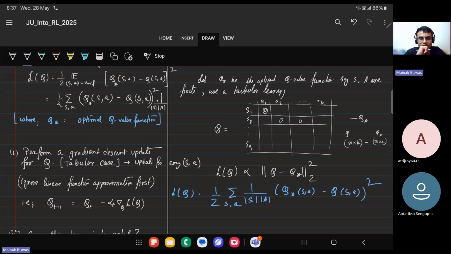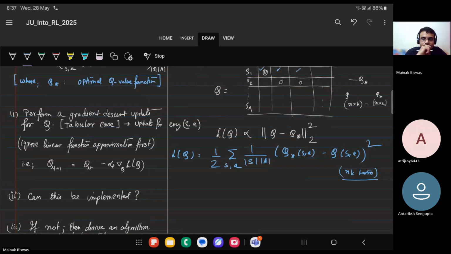So is this loss function equivalent? Clear? For all states and actions, I'm just adding them up, right? 1, 2, 3, and so on, till all the NK terms. Fine. Any question? These two are equivalent, yes or no?